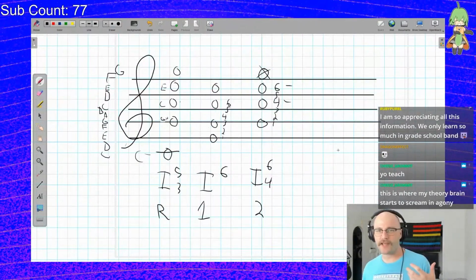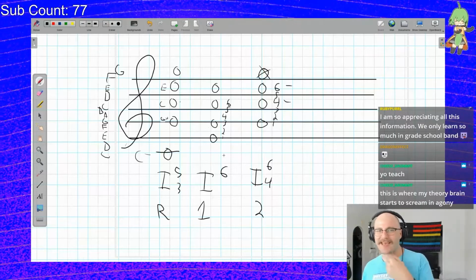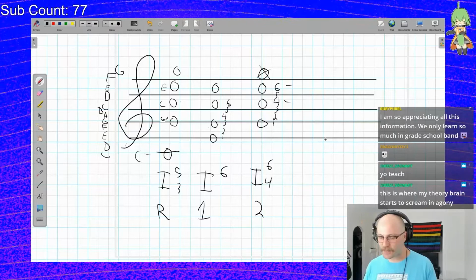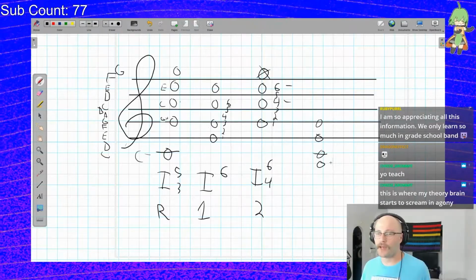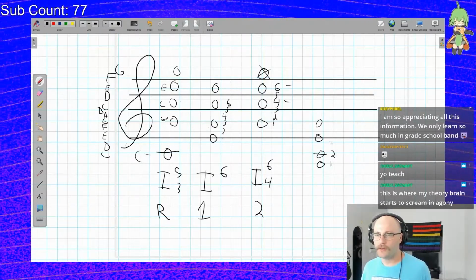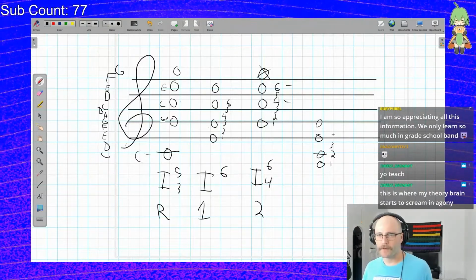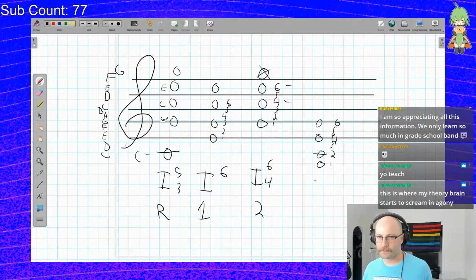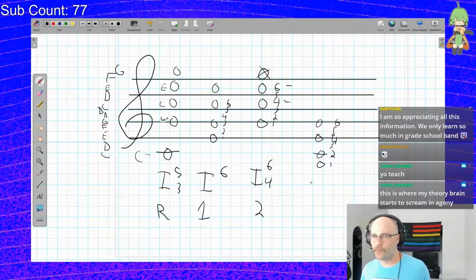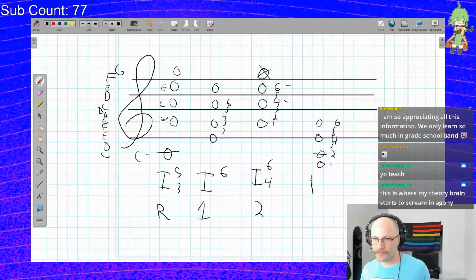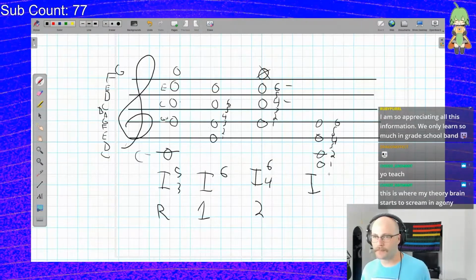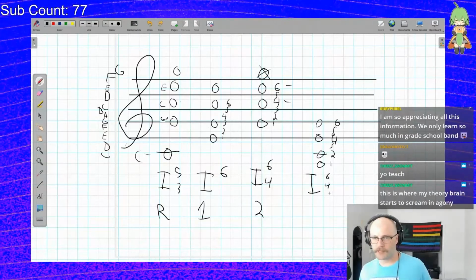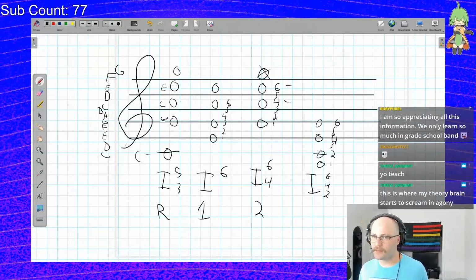But let's say we have a C major 7th chord, which is C, E, G, B. We have 1, 2, 3, 4, 5, 6. So you will see this written one of 3 ways. This can be seen as a 1, 6, 4, 2, because that's the complete sequence above it.